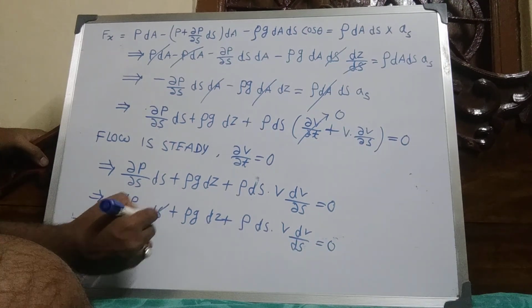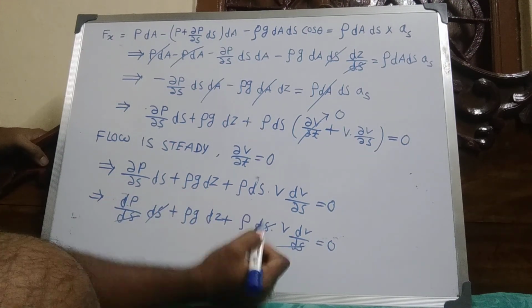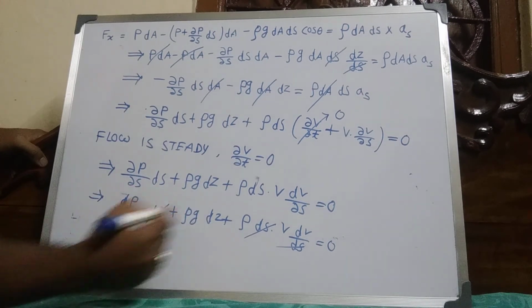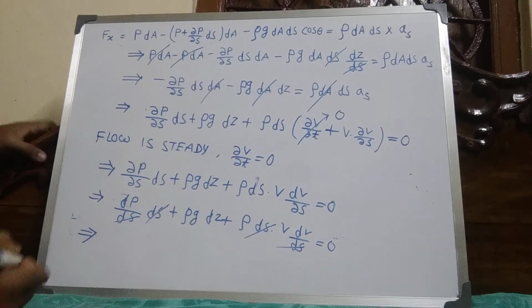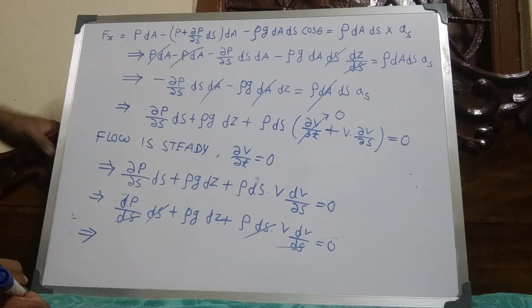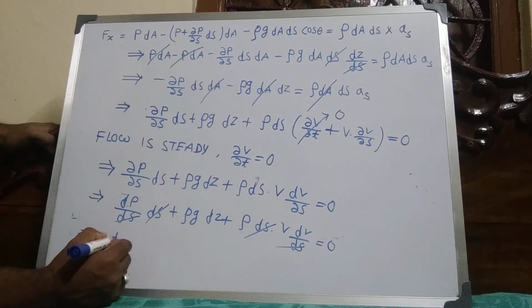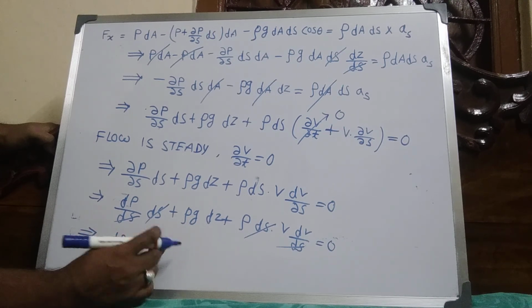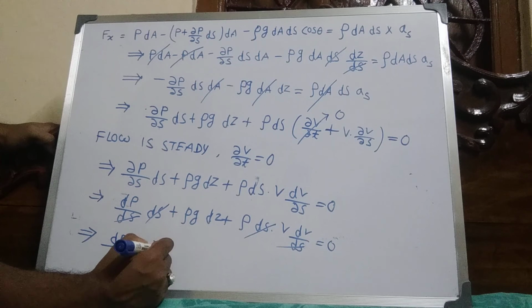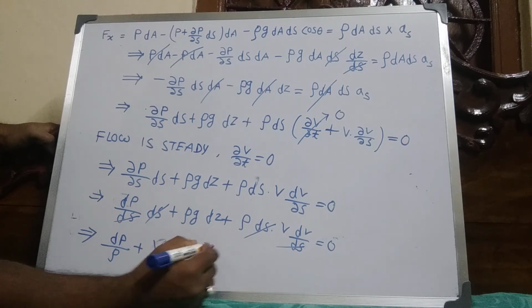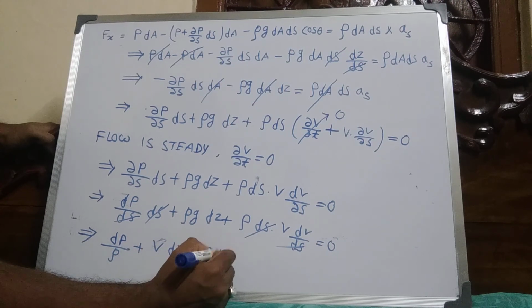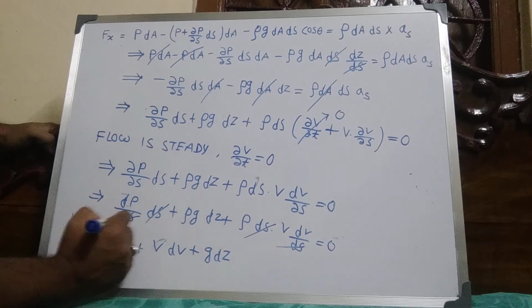This one cancels out and this one cancels out, and here the flow is steady and incompressible. So the rho value is constant: dp by rho plus v dv plus g dz equal to 0.